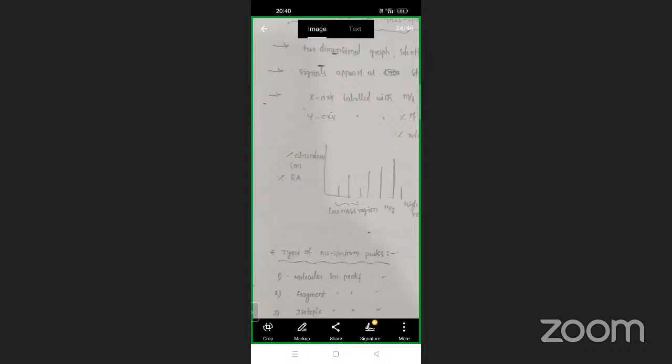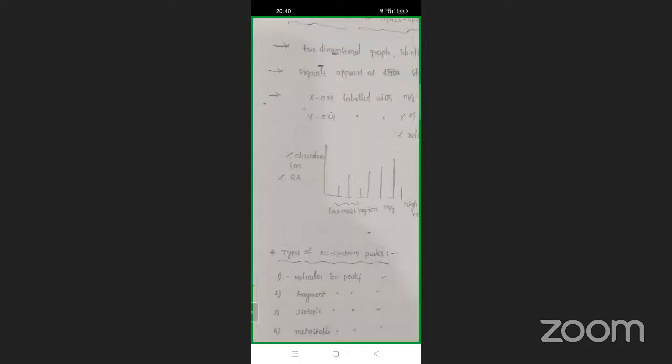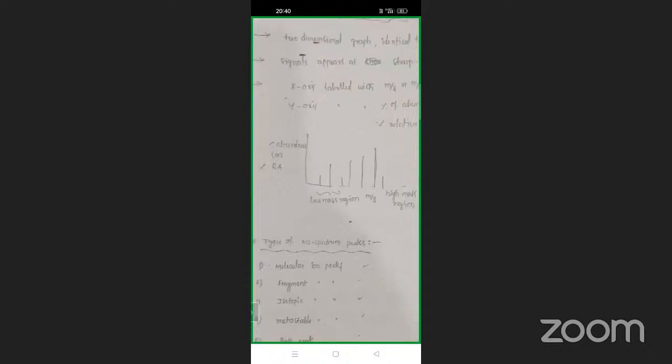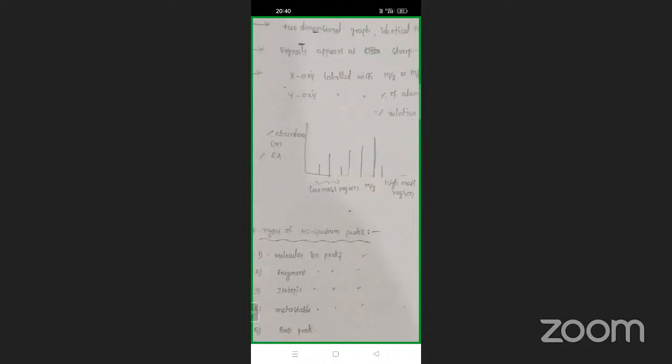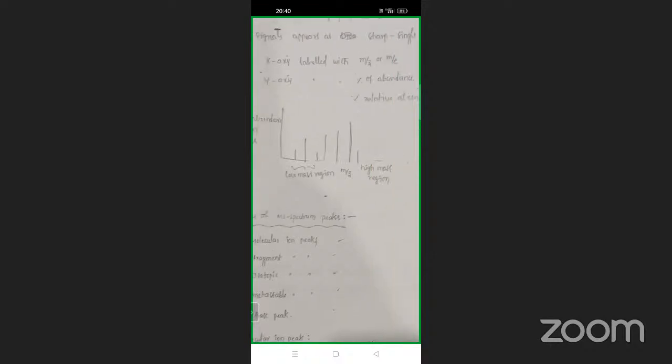Both are the same. On the x-axis, we take the m by z values, mass by charge values here. So this is the presentation of your graph.